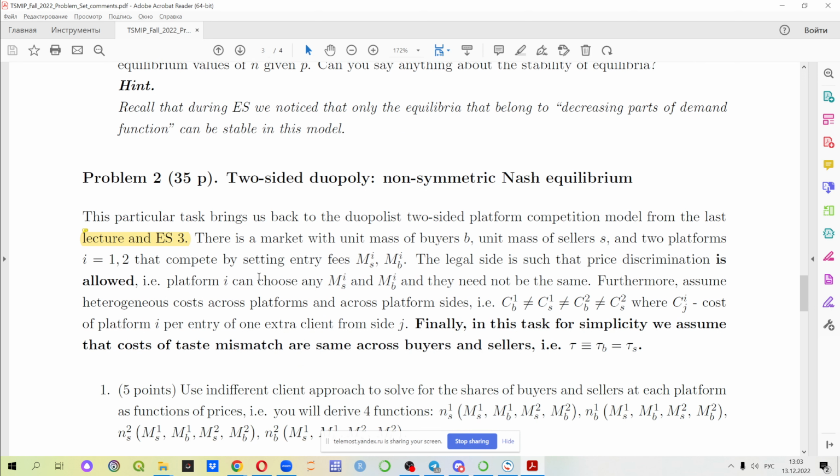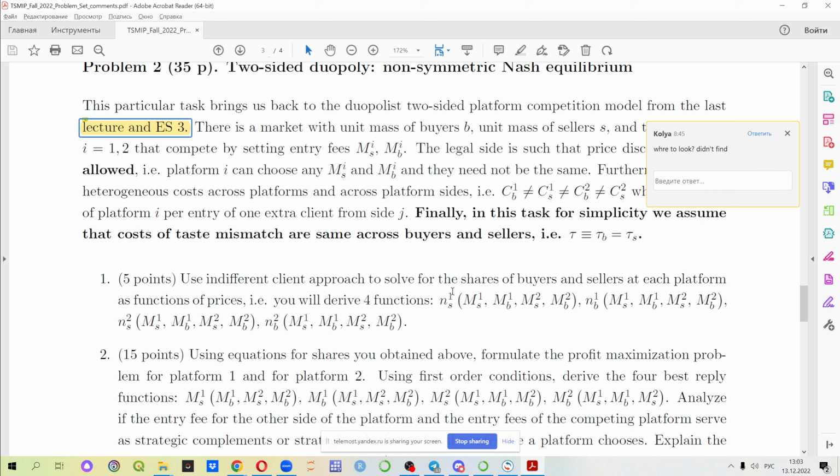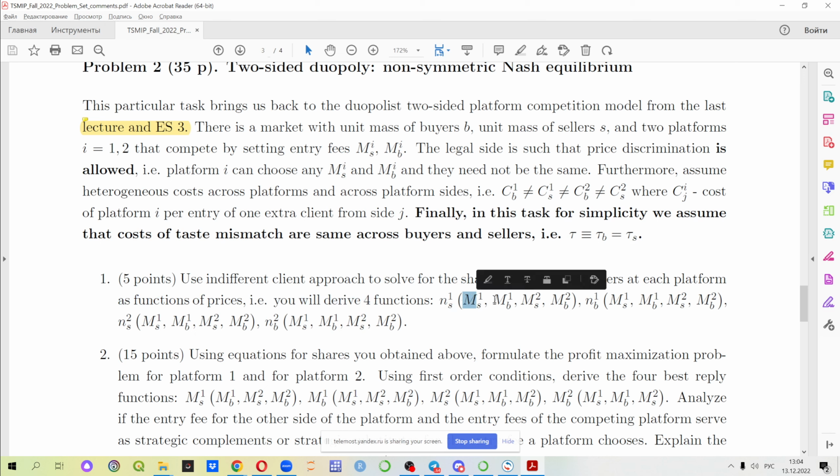And the problem two, I looked up in the lecture and in the problem set 3, exercise session 3, but we just saw the case when at least some capital M's were similar, like within a platform or within categories of agents, like sellers and buyers.